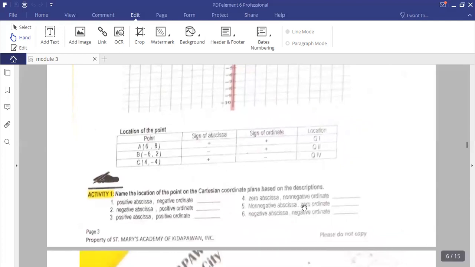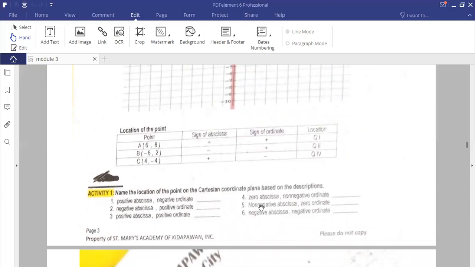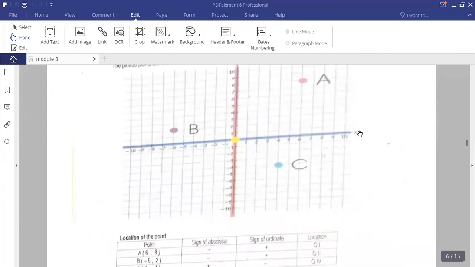So let's try answering number 4. It has 0 abscissa and non-negative ordinate. So when we say 0 abscissa, this is the abscissa, right? Where is the 0? 0 is here. And when we say non-negative ordinate, this is negative. So that means the non-negative is here, upward. So everything here is what it means.